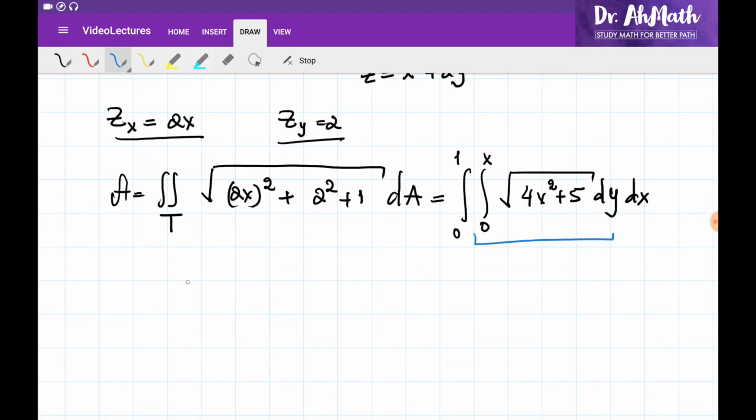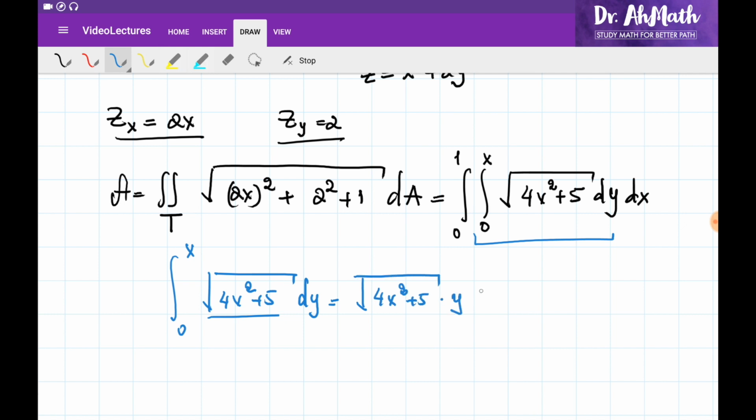When we integrate this function, 4x squared plus 5, from 0 to x with respect to y, we look at this function as a constant because there is no y there. So its integration would be 4x squared plus 5 simply multiplied by y, and substituting the limits, it would be simply x multiplied by the square root of 4x squared plus 5.